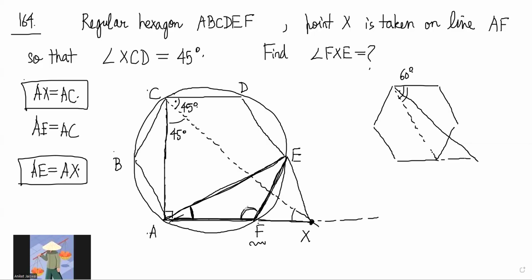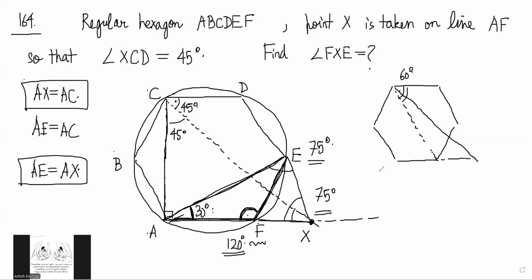And this angle is how much? 120 degrees. That is an angle of the hexagon. It will be 120. So this is 30, right? If this is 30 and it's an isosceles triangle, these two angles are 75, 75. Right? I hope it is clear. It is not very difficult.